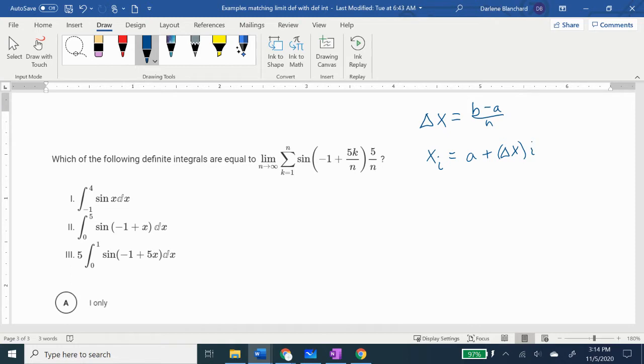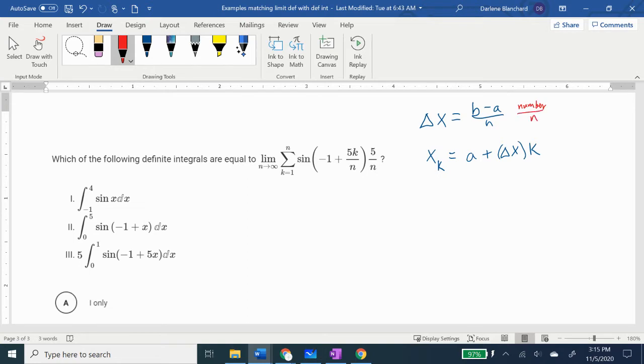Sometimes the i's are k's. In this case, the i's are k's, so I'm going to change that to k. Now, I always start with the delta x, and delta x is always some number divided by n.